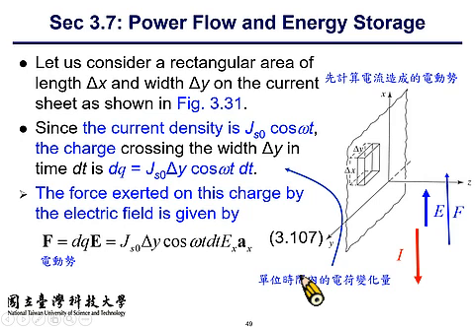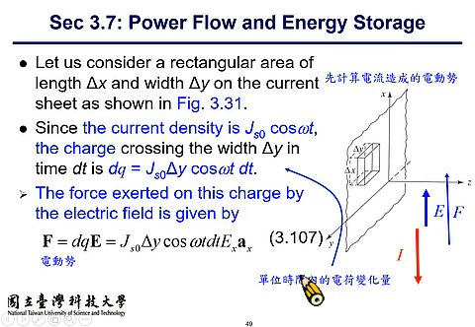Alright, so let's consider. In the following slide, we will attempt to calculate the amount of energy in the form of electrical field and magnetic field stored in the space. Let's consider a rectangular area of length delta x and width delta y on the xy plane.